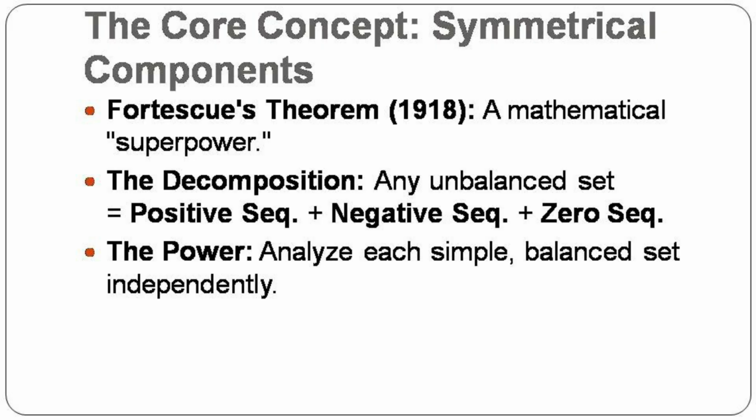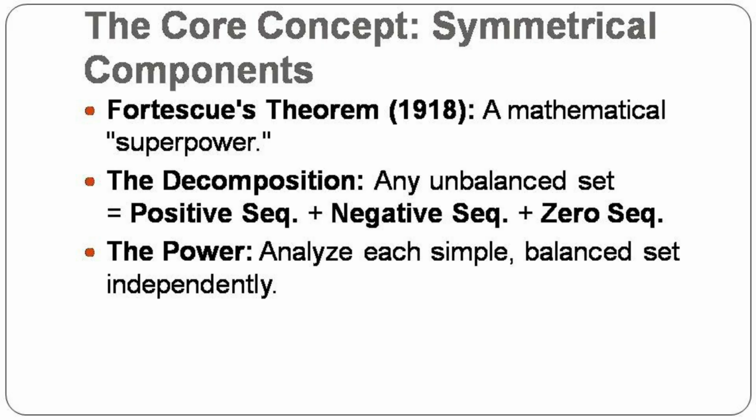So think of it like this. You have a complex musical chord, and your ears hear the overall sound, but a musician can deconstruct it into its individual notes, which are the root, the third, and the fifth. Similarly, Fortescue's theorem lets us deconstruct our messy power system into three notes.